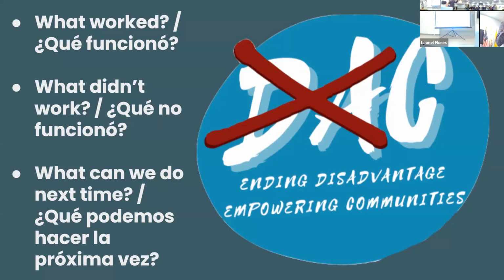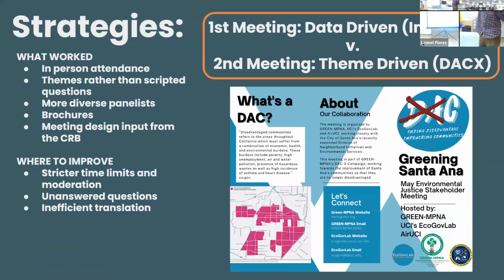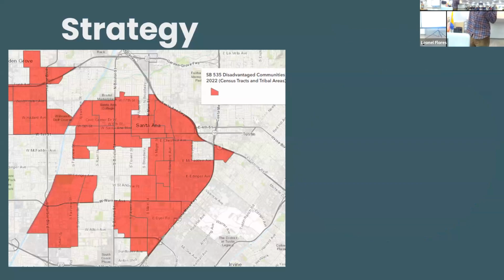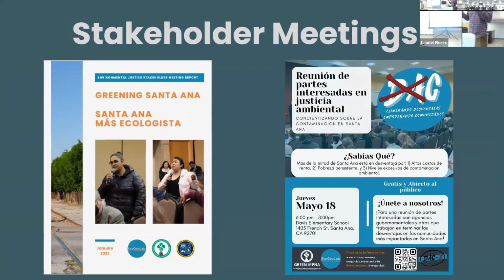And that's a good point, and I think we can't force them to show up. But what we can do is, so you can see, can we go back to showing the two images a little bit more? Sorry, it's gonna take a second. Yes, okay, yeah, right here. So the image on the left is actually our report that we wrote on the stakeholder meeting, and this is another part of the strategy.